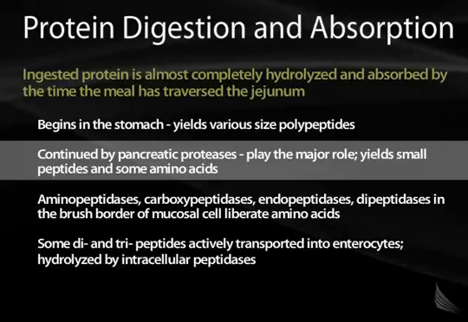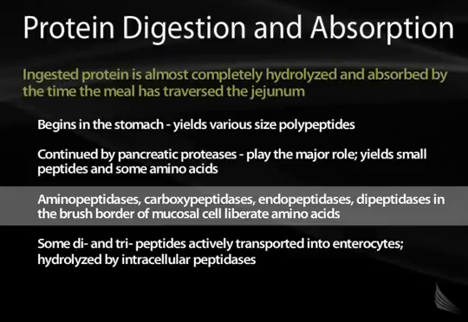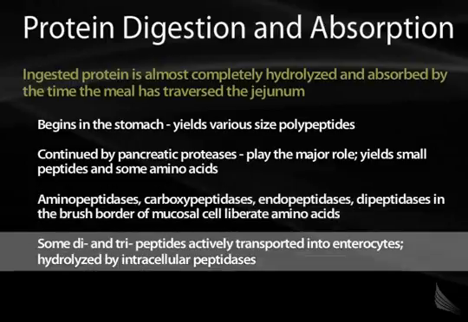Subsequently, just like with carbohydrates and the presence of brush border oligosaccharidases, there are aminopeptidases, carboxypeptidases, endopeptidases, and dipeptidases in the brush border of mucosal cells that liberate amino acids. Some of these di- and tripeptides actively can be transported into enterocytes and can subsequently be hydrolyzed by intracellular peptidases.